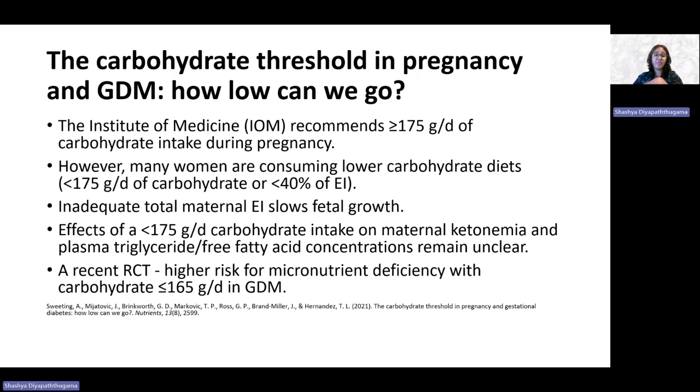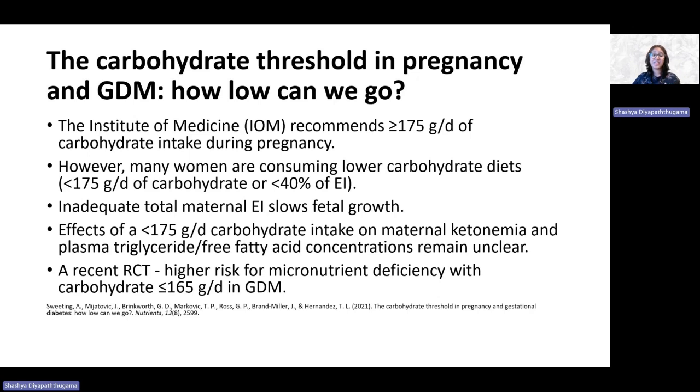However, some women may tend to consume lower carbohydrate diets, that is less than 175 grams per day of carbohydrates, or in terms of percentage of energy, less than 40% of energy intake coming from carbohydrates.